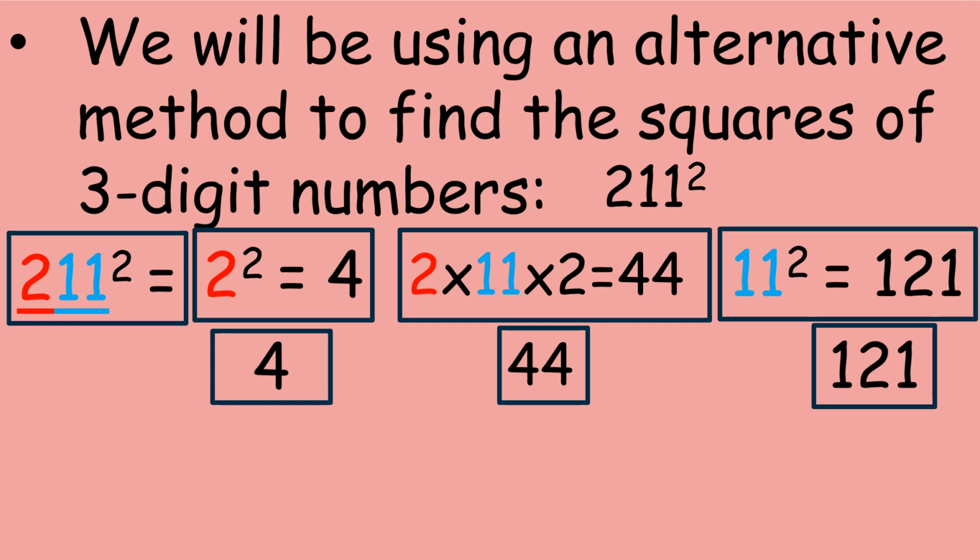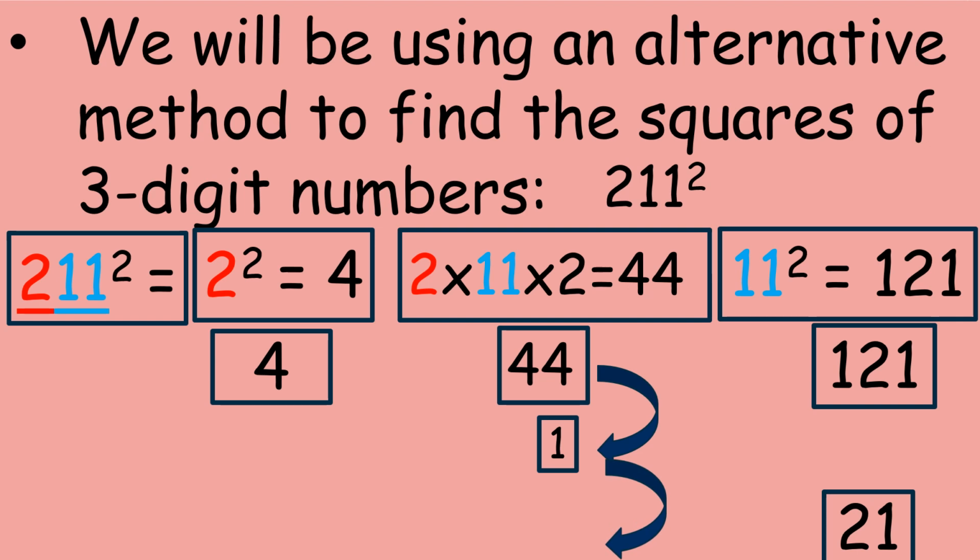So 121 means we will retain 21 and then we will carry over 1. When we carry over 1 to the middle term, we now have 44 plus 1, and that gives us 45. So our middle term now becomes 45.